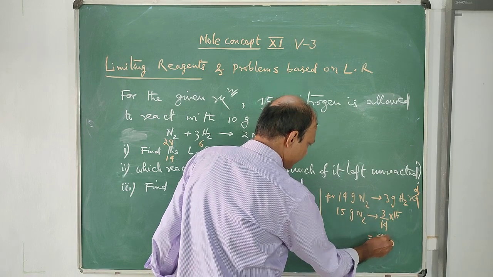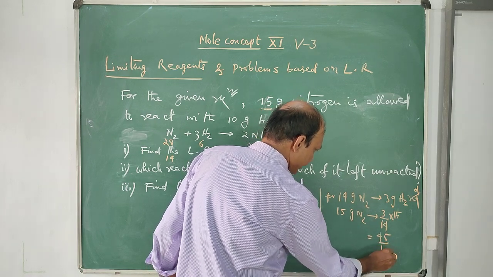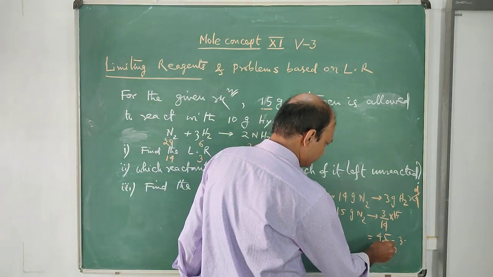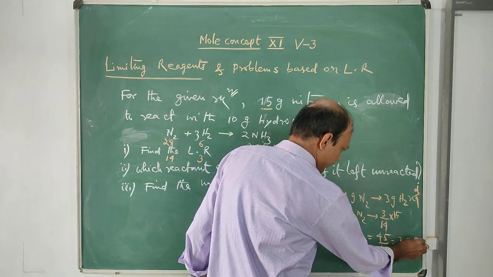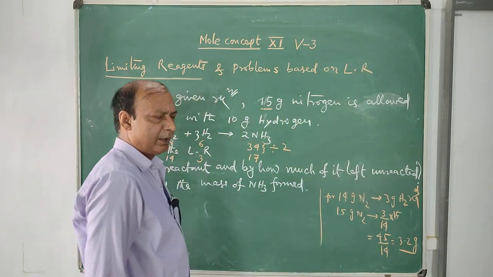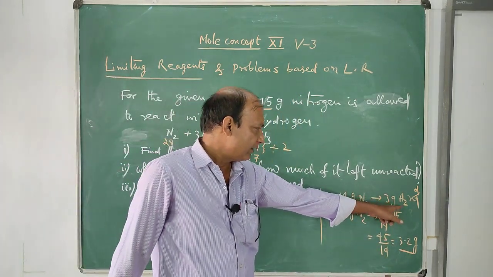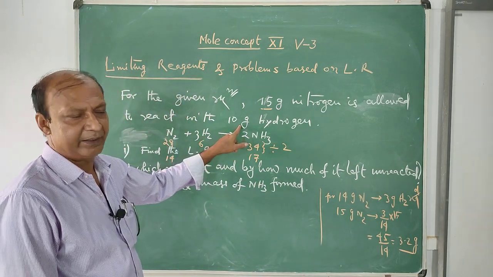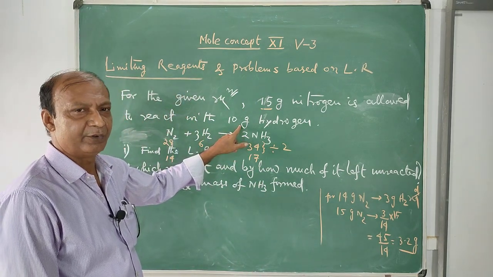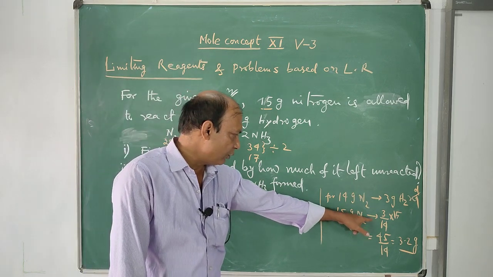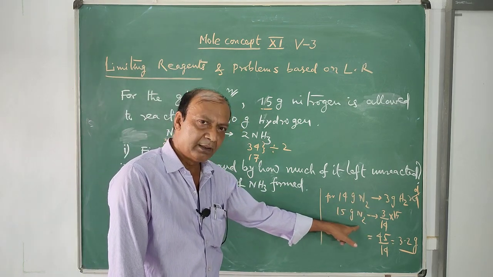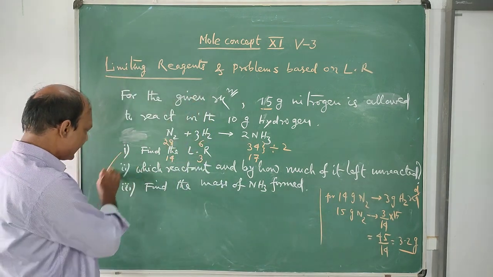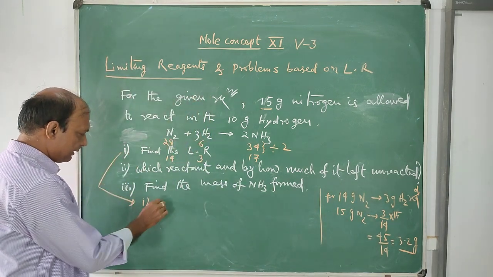This is equal to 45 by 14, so approximately 3.2 gram. 3.2 gram hydrogen will be required here, but you have 10 gram hydrogen. Clear? Enough hydrogen. That means the whole mass of nitrogen is reacted. Therefore nitrogen is the limiting reagent. So it is the answer of number 1.